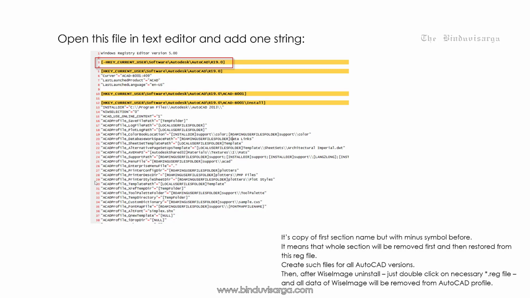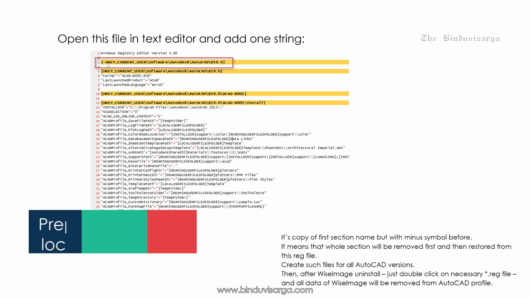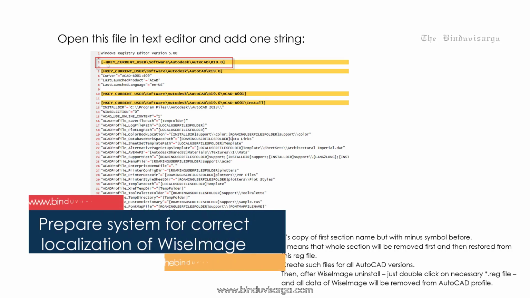Open this file in a text editor and add one string. As you are seeing on the screen, it's a copy of the first section name but with a minus symbol before it. It means that the whole section will be removed first and then restored from this reg file.